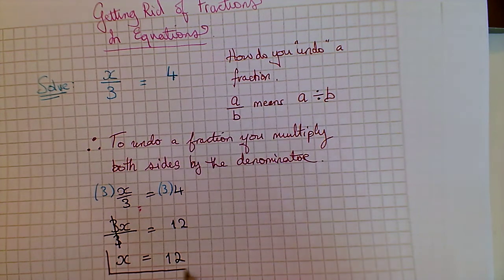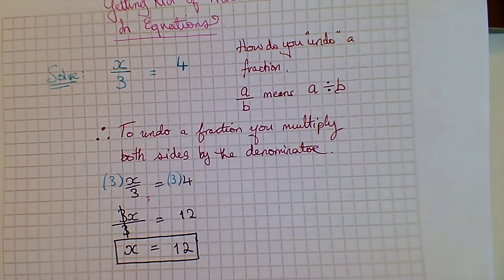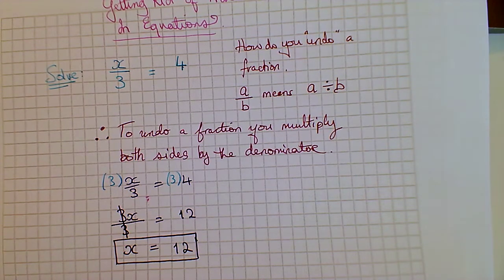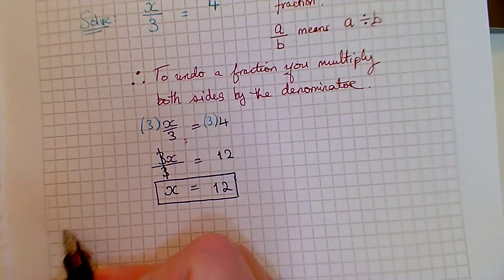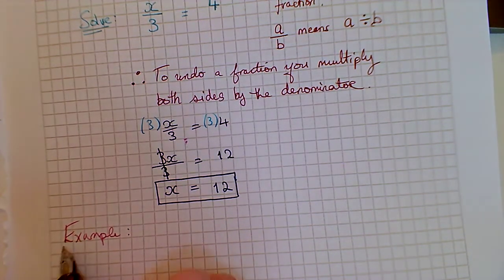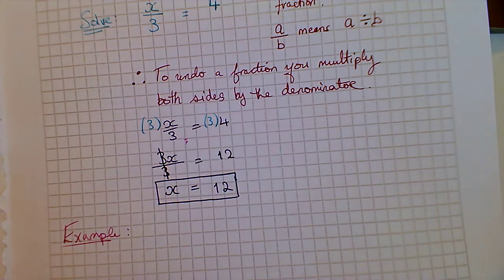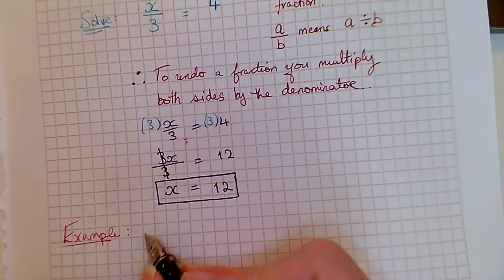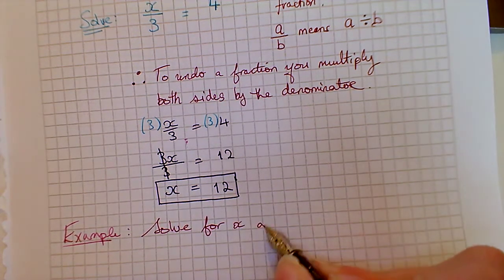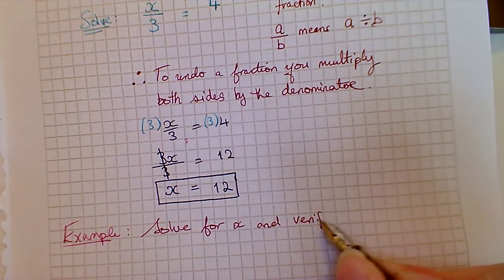When you start doing these, you won't have to show every step like that. I wanted to explain where it came from. Let's do an example where we've more than one fraction in the equation, which means we need to undo all of the fractions. So example, solve for x and verify your answer.